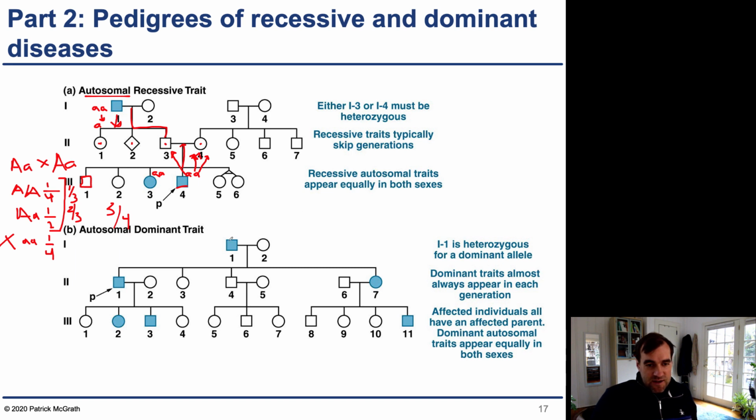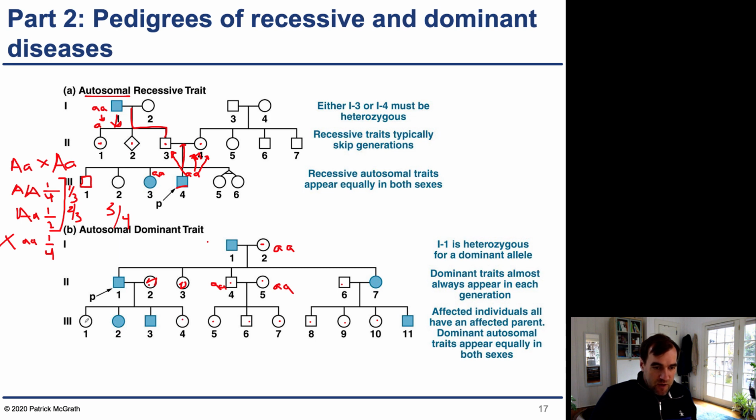So what about a dominant pedigree? Again, we know for a fact that all the individuals that don't have it are little a. And so that would be this individual, this individual, this individual, this individual.